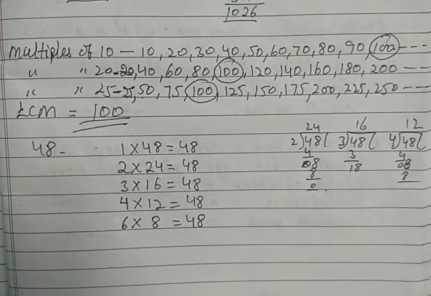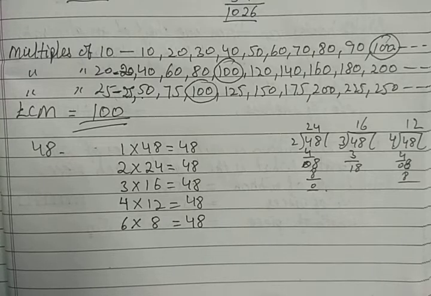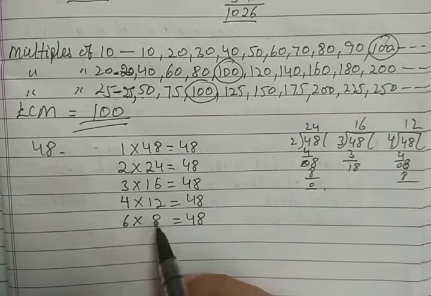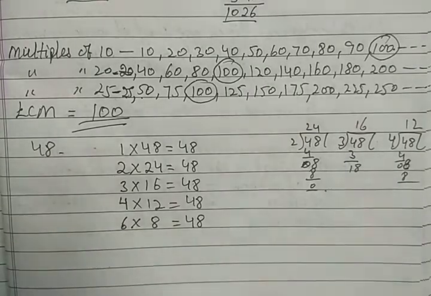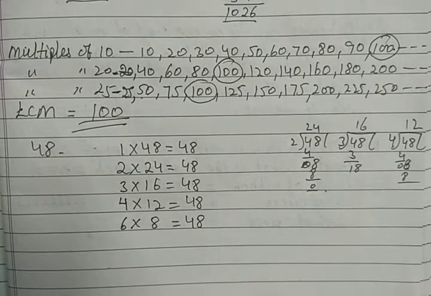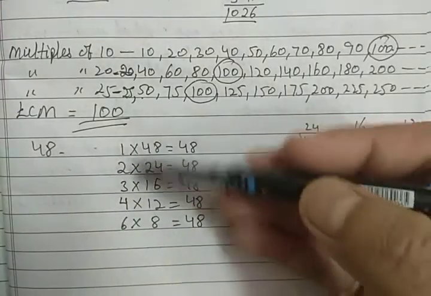Now it does not come in the table of 7. 7 6s are 42 and 7 7s are 49. Now again it comes in the table of 8, so we have already written 8 6s are 48, so done. Now it does not come in the table of 9 and 10. So we have recited the table of single digit numbers.